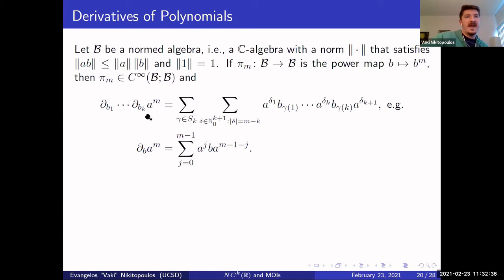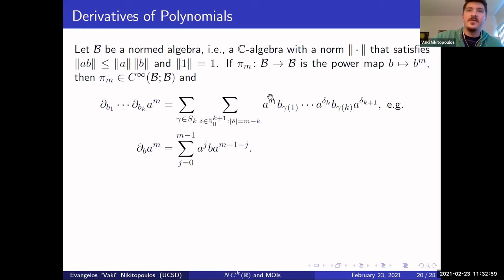So the kth directional derivative in the directions B1 through BK of pi m at the point A is equal to, again, you have to symmetrize in the inputs. And then it's this sum, and let's analyze it a little bit. So we are taking k plus 1 length multi-indices whose order, i.e. the sum of the entries, is m minus k.